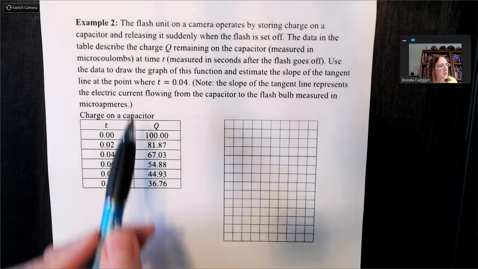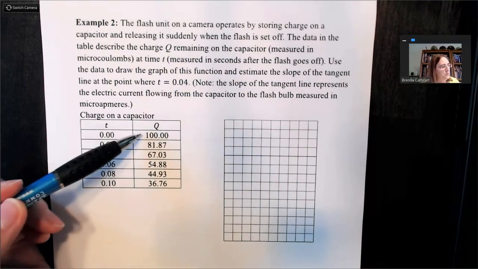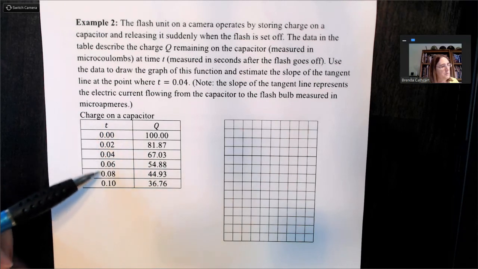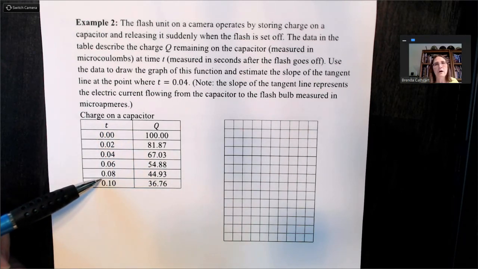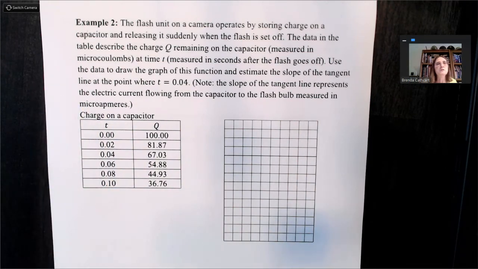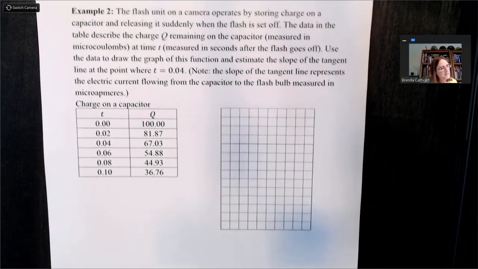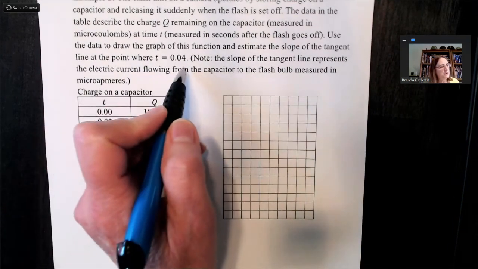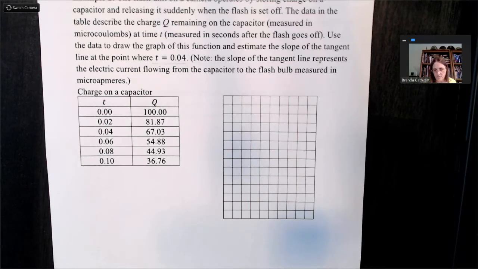The data in the table describe the charge Q remaining on the capacitor, and that's measured in microcoulombs, at time t, which is measured in seconds after the flash goes off. We're going to use the data to draw the graph of this function, and we're going to estimate the slope of the tangent line at the point where t equals 0.04.